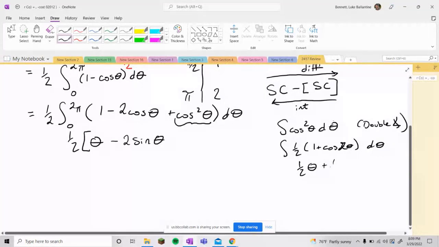plus 1/4 sine 2 theta plus 1/2 theta plus 1/4 sine 2 theta from 0 to 2 pi.